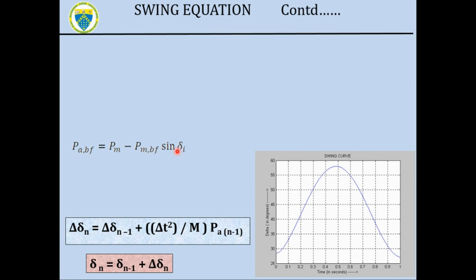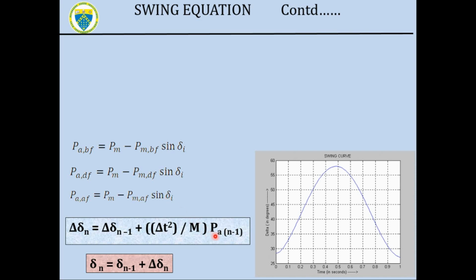Now one more instant: during fault. The accelerating power during fault is given by the same equation, the only thing is the maximum power transfer during fault is used here into sine delta. Then the accelerating power after fault is equal to Pm minus Pmax after fault into sine delta.